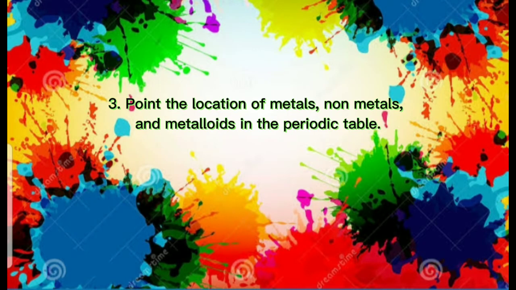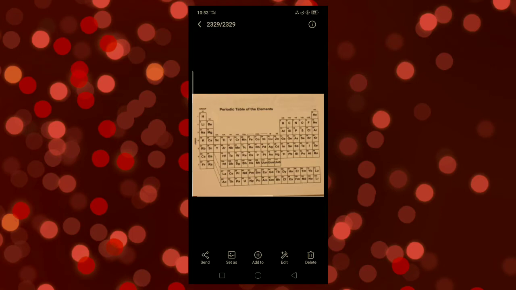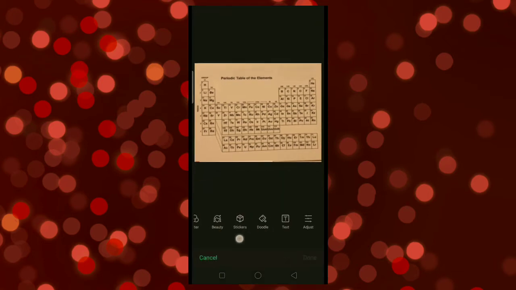3. Point the location of metals, nonmetals, and metalloids in the periodic table. Now, I can point the location of metals, nonmetals, and metalloids in the periodic table. Everything on the left side is metal.